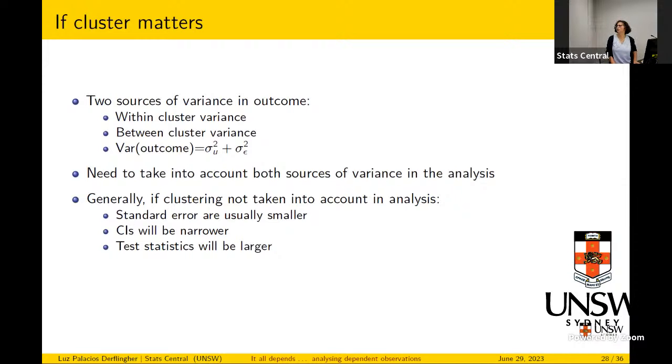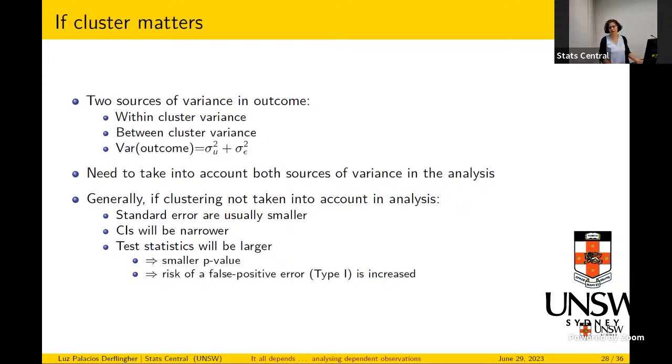So the test statistics will be larger, which implies smaller p-values, and that implies the risk of false positive error is increased. Yeah, and in our example, that's what happened, right? We concluded that something was significant with the linear model that doesn't take into account the clustering, whereas in the other one, we didn't conclude that.